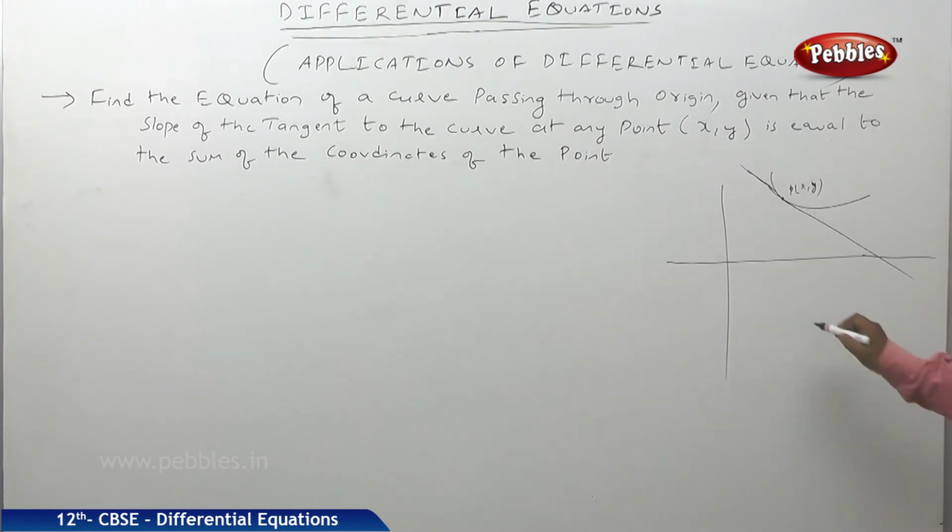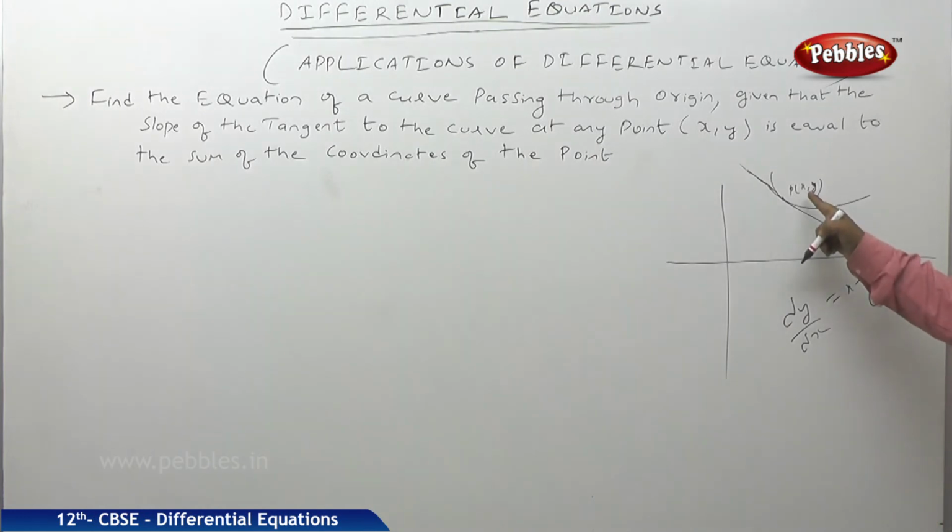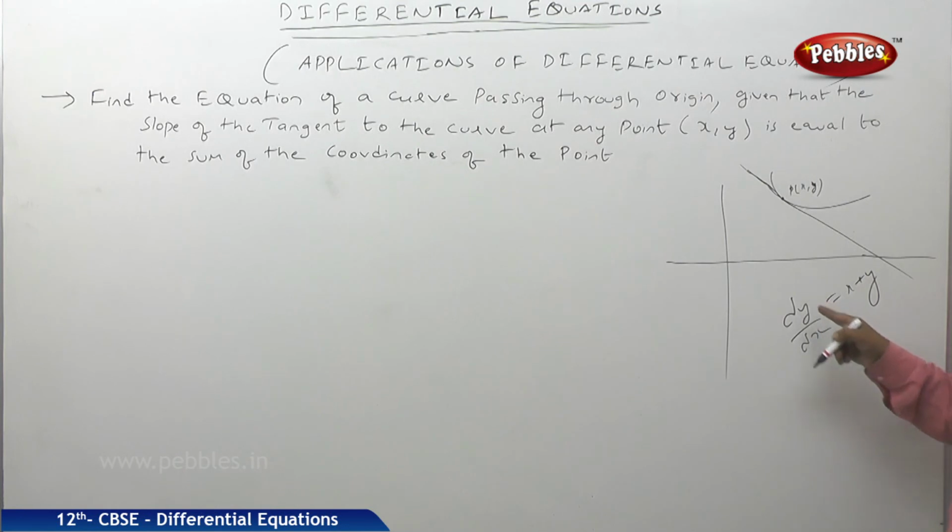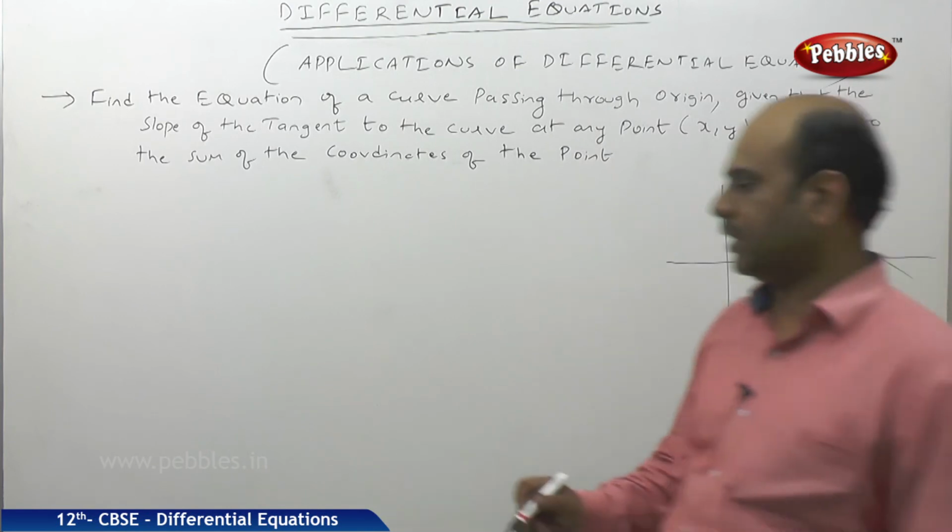Slope in differential calculus is always represented by dy by dx. Slope of the tangent to the curve at any point P of x comma y is equal to sum of the coordinates of the point. Coordinates means what here? X coordinate and y coordinate. So according to the data, dy by dx is equal to x plus y.